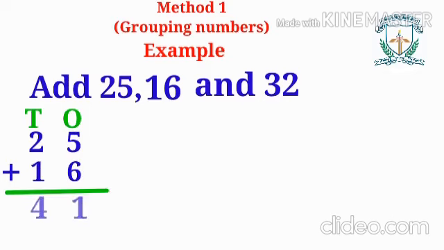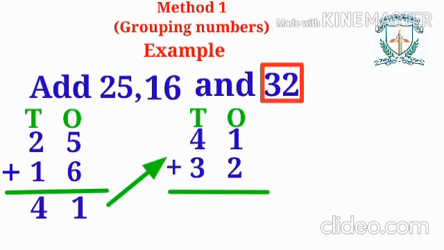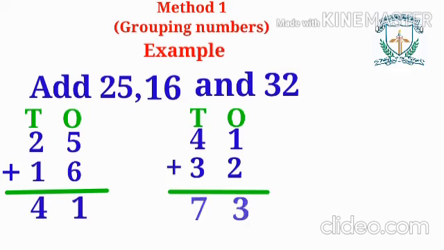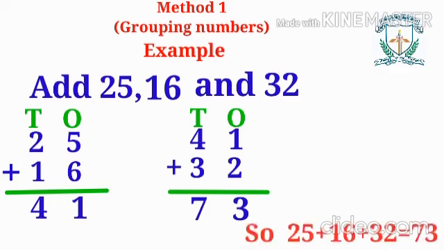After getting 41 as the sum, we have to add that sum 41 to the third number 32. When we add 41 and 32, we get the final answer as 73. So 25 plus 16 plus 32 is equal to 73.